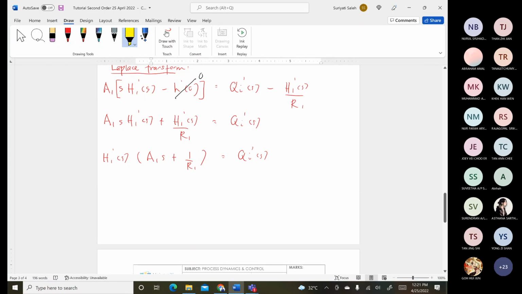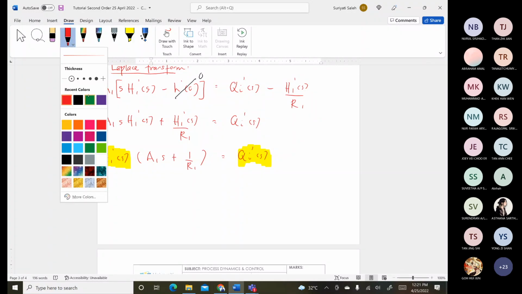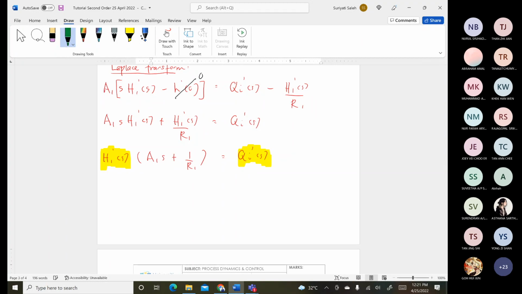If we take a look, the H1 prime and the Qi prime are our variables. H1 is your output, and of course H1 represents the level. The level represents the outcome, the variable that we want to observe in the end. So it represents our output, and Qi here represents our input.